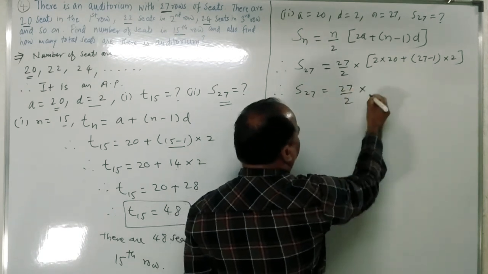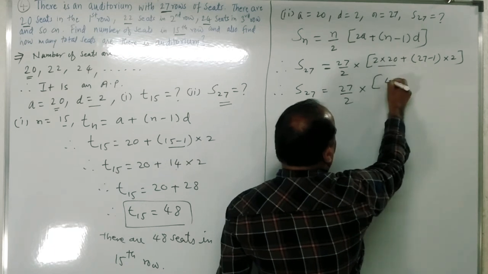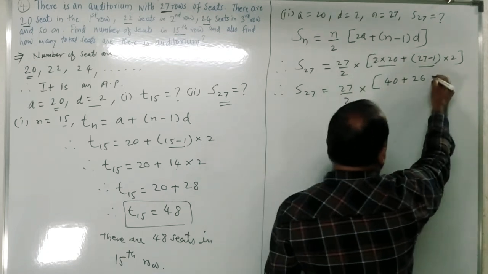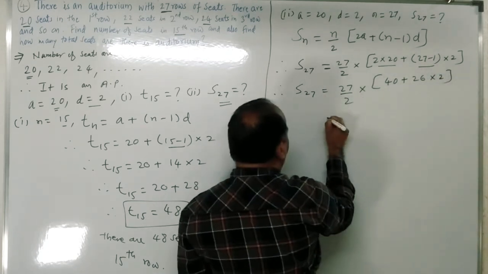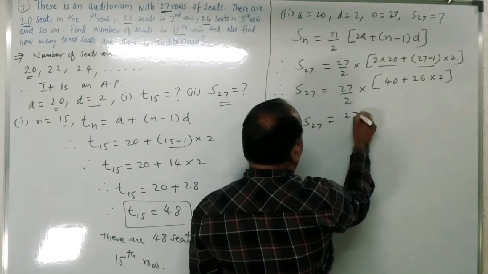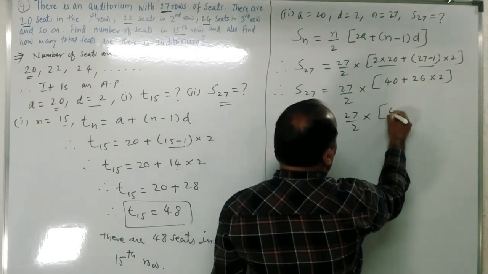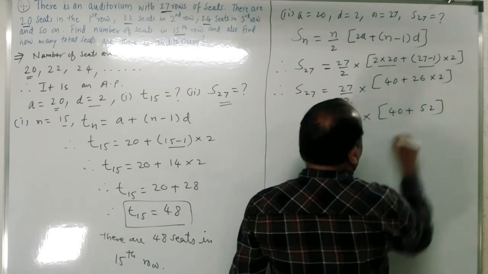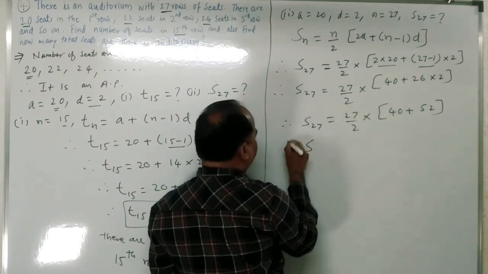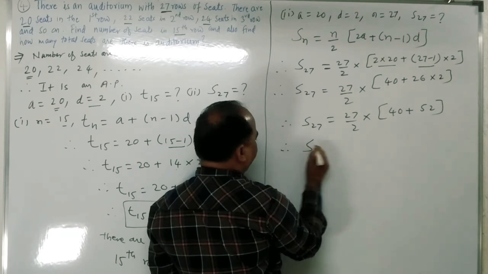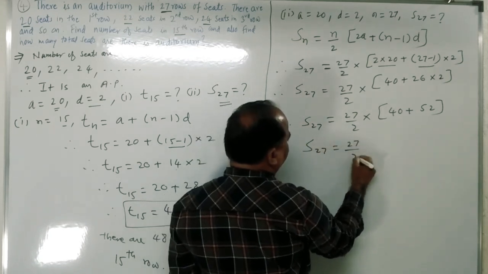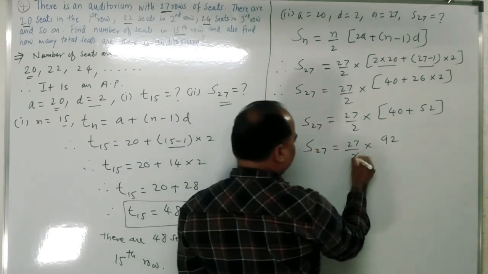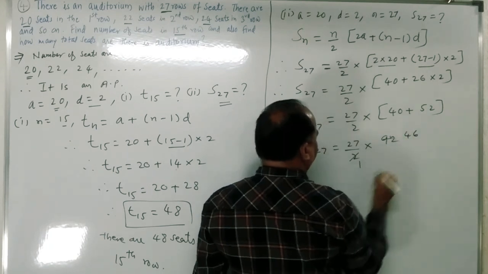27 upon 2 into 2 into 20 is 40 plus 27 minus 1 is 26 into 2. Therefore, S27 is equal to 27 upon 2 into 40 plus 26 2s are 52. Therefore, S27 is equal to 27 upon 2 into 40 plus 52 is 92. 2 ones are 2, 2 fours are 8, 46.